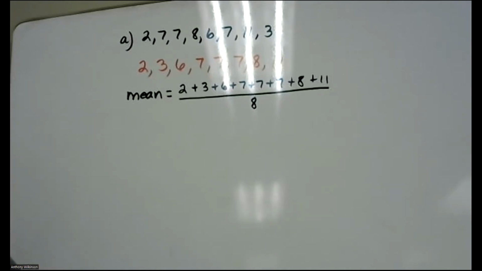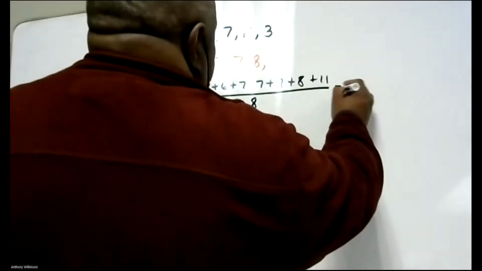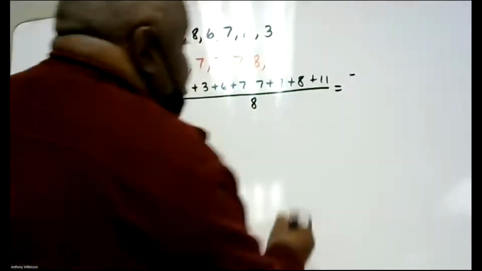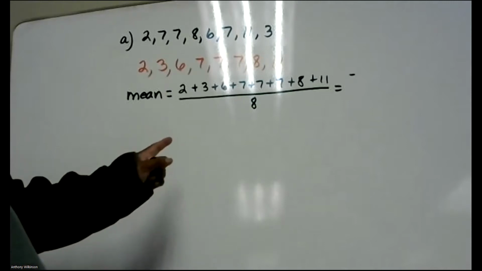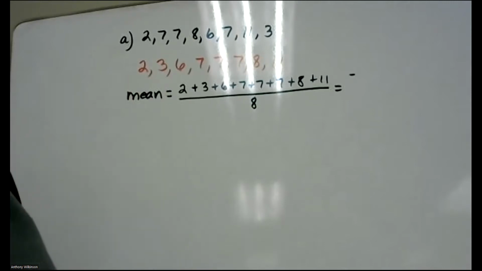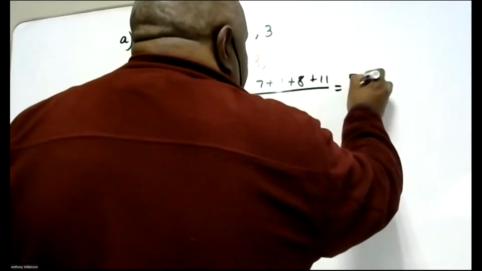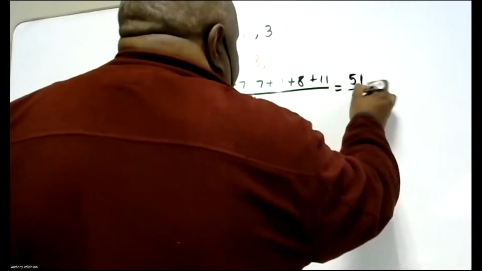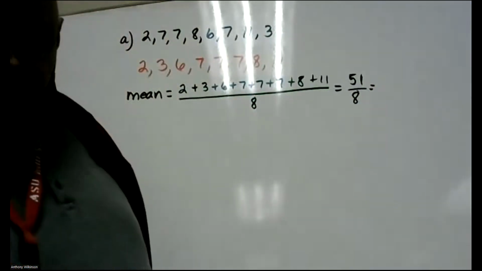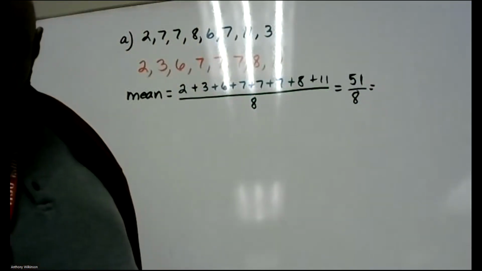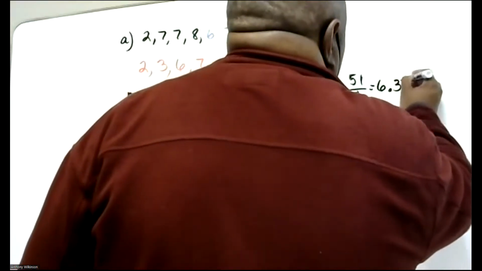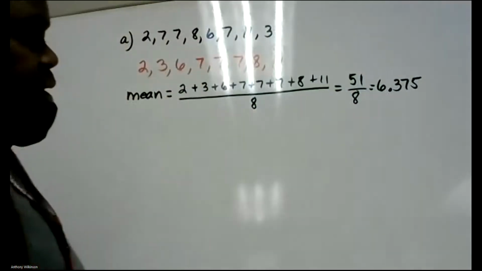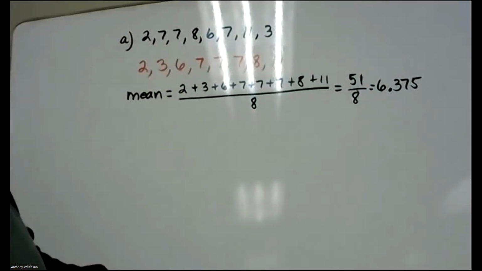So 2 plus 3 plus 6 plus 7 plus 7 plus 7 plus 8 plus 11 is how much? It's 51. That's what I thought, because that's what I came up with. Now 51 divided by 8. So the mean of that data set would be 6.375.